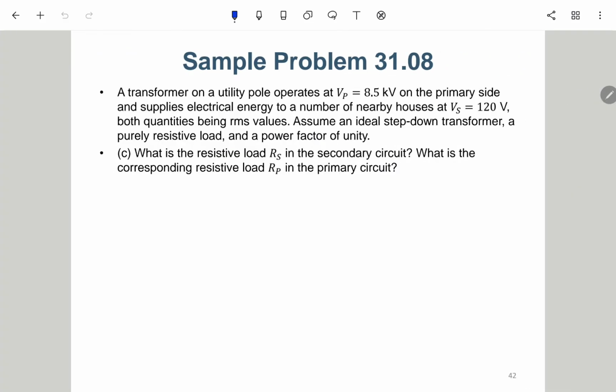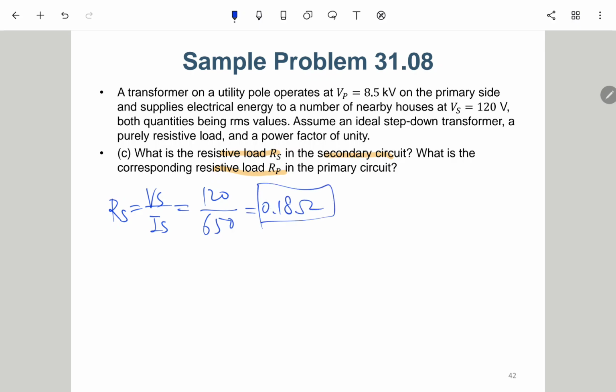So for part C, it asks what is the resistive load RS in the secondary circuit and what is the corresponding resistive load RP in the primary circuit. So RS will be Vs over Is, which is 120 over 650, which is 0.18 ohm.